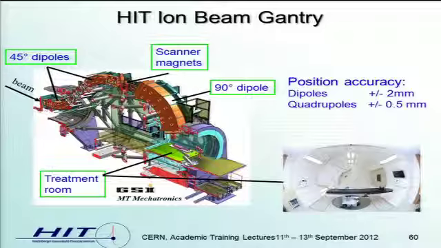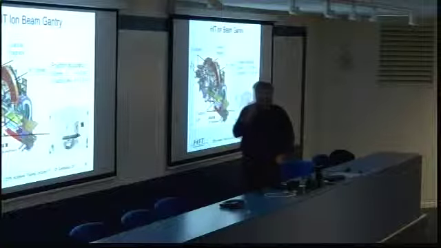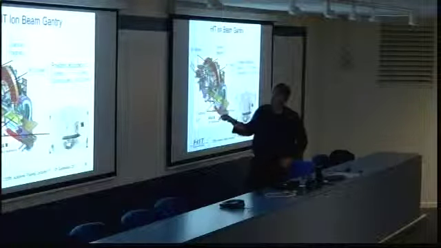I've already shown that. We have two 45-degree bending magnets and a 90-degree dipole at the end. The treatment room is inside the gantry structure. The patient is in a fixed position. It's an isocentric one. And this is a picture of that. What you clearly have to fulfill is the position accuracy for quadrupoles, which is plus minus a half millimeter.